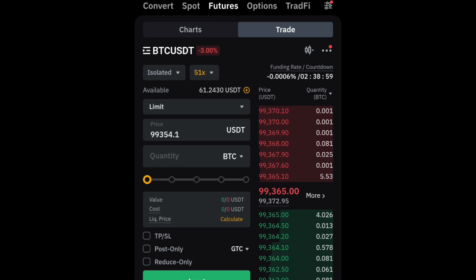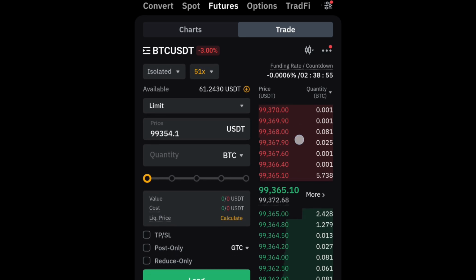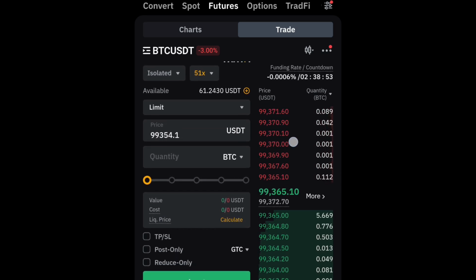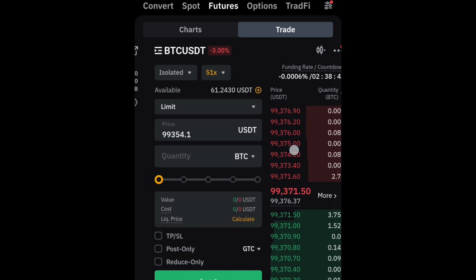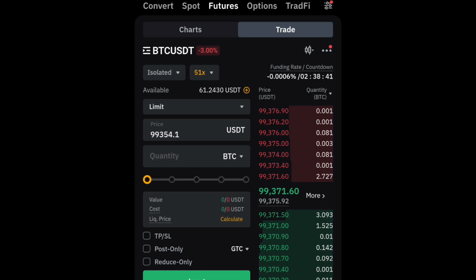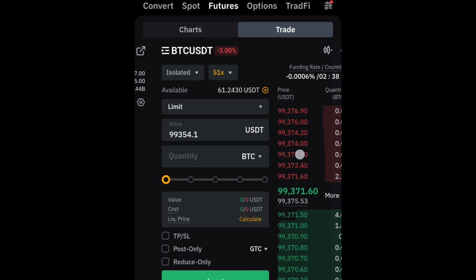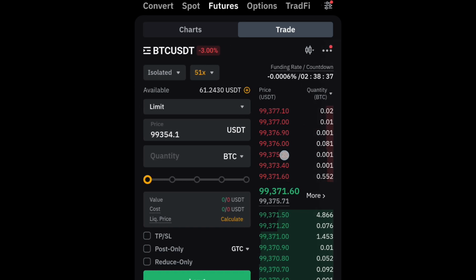So what next? Let's check this order book. This red here, with different kind of moving numbers, and this green one, is what we call the order book. By the sound of it, order book, you know that this is the place where you can see all the orders, or transactions, buying and selling of Bitcoin going on. This first one right now is where people are selling, while this green one is people that are buying.